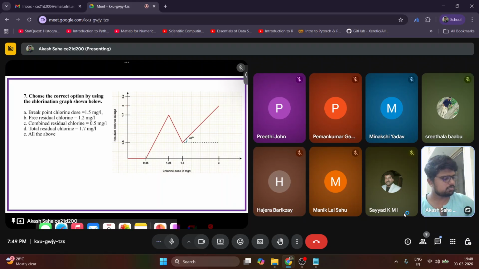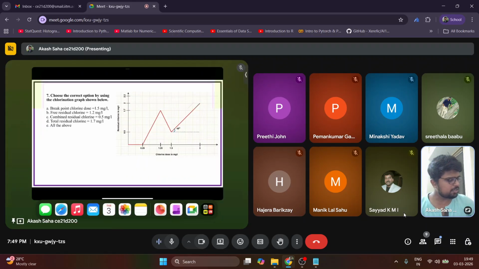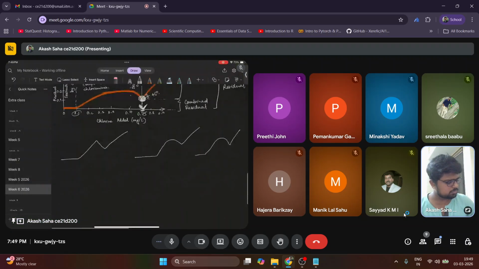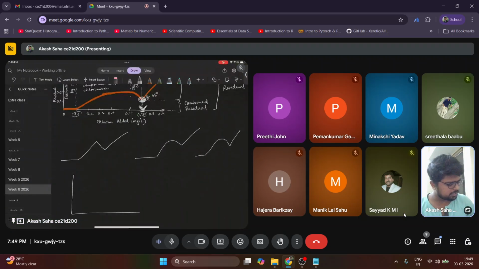So here you can see, if I make the plot again, for free residual chlorine, you can take this length or you can even take this length. Since it's a 45-degree angle, both will be correct.